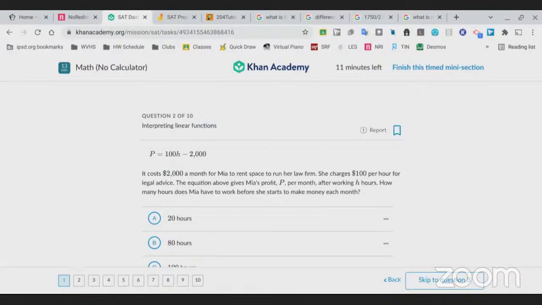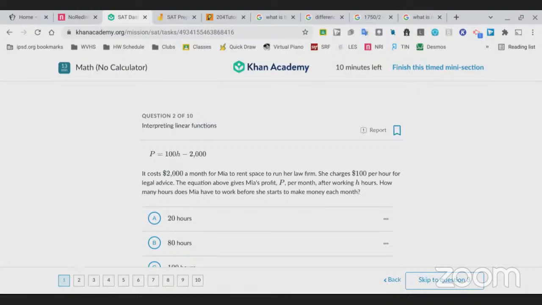Nope. That would mean she made $2,001. Is that when she breaks even? What does it mean to be profit? It means you gain money. Right. At what point do they say that she's making money?